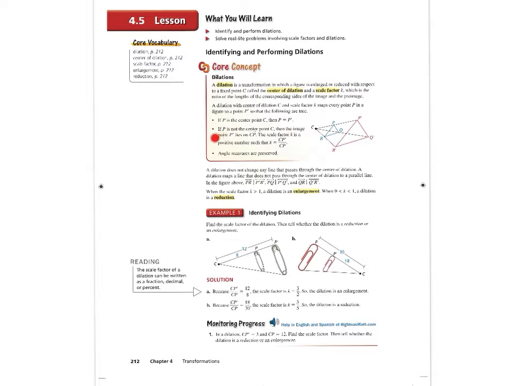The second property: if point P is not the center point C, then the image point P prime lies on ray CP, and the scale factor k is a positive number such that k equals the ratio of CP prime divided by CP.